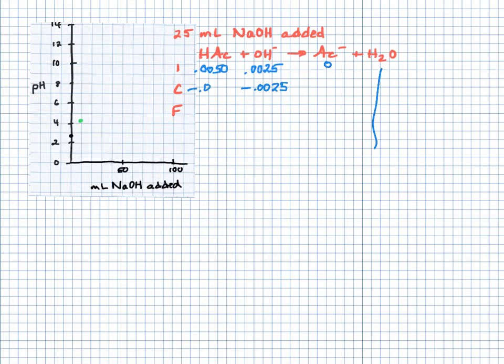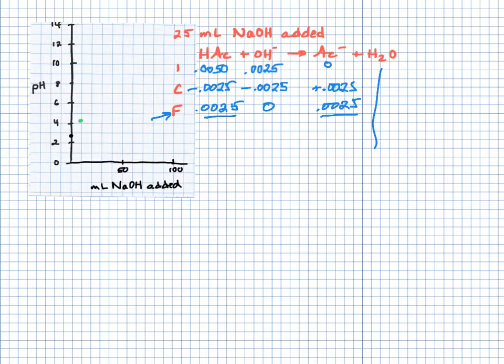Okay, minus 0.0025 plus 0.0025. So 0.0025, 0.0025. So I look at my final row and say, what do I have? I have a weak acid and its conjugate weak base. So I have a buffer.